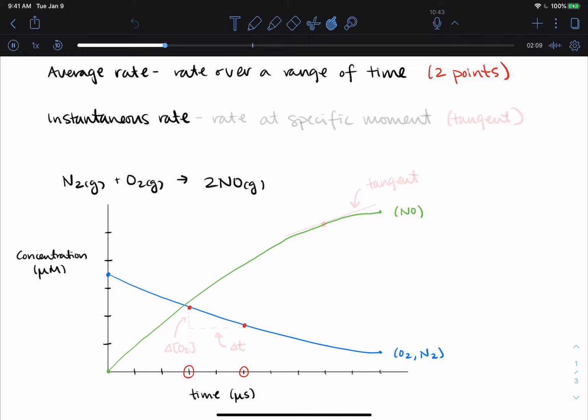So at the first time point, this is my O2 concentration, and at the second time point, this is my O2 concentration. So if I make a little triangle here, that might look familiar to you because it's how you calculate the slope of a line.